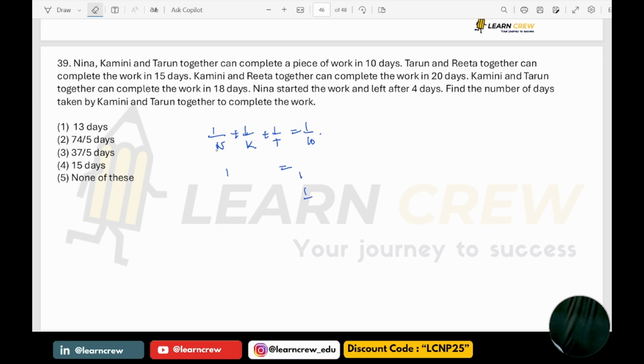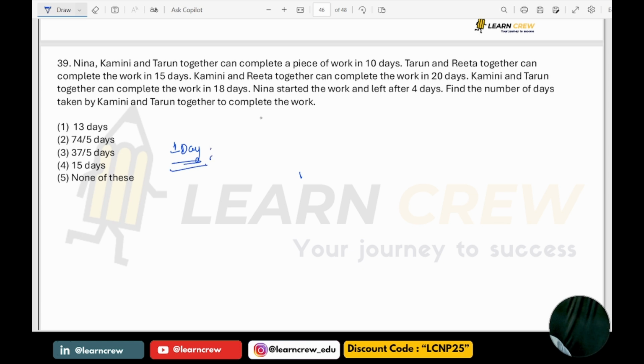Same work: 10, 15, 20, 18. So the LCM is 180. Now take 1 day's work. Total is 180 units.